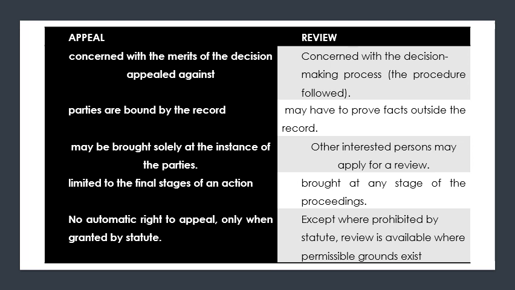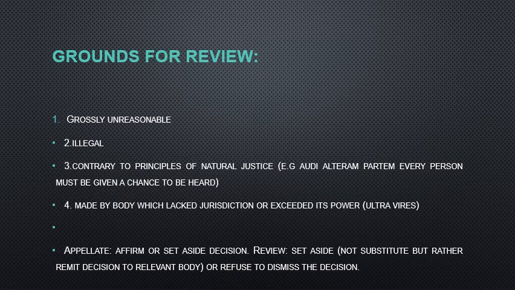And then we have review, right? In review, it's saying that you only review on the grounds that we'll talk about later. There are 3 grounds upon which you can review a decision, 3 or 4. Let's look at those grounds. It was definitely 4 grounds.